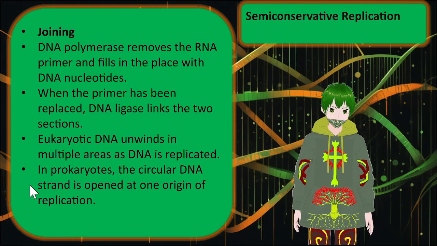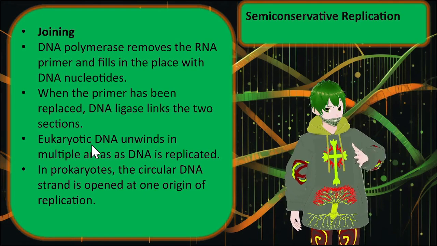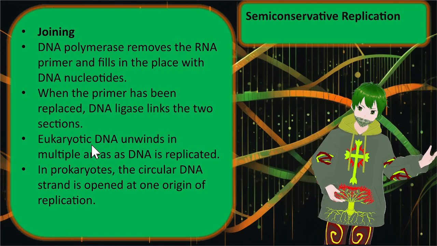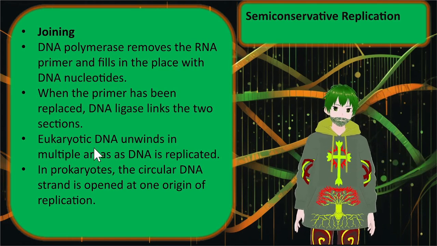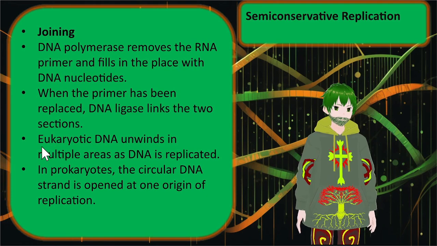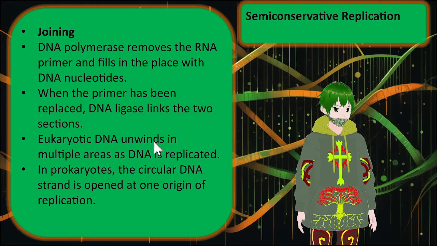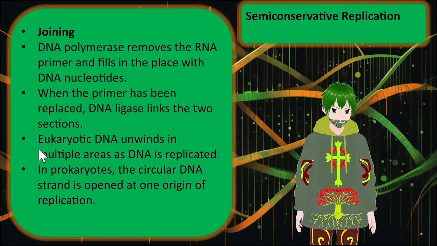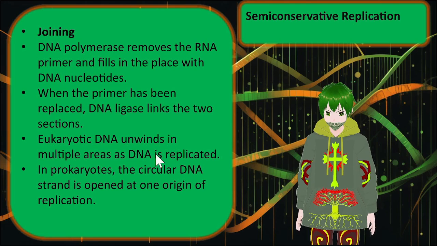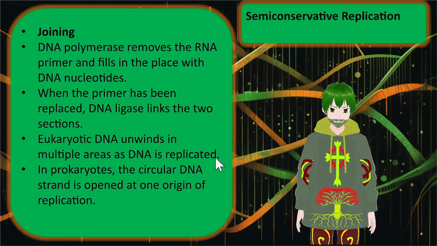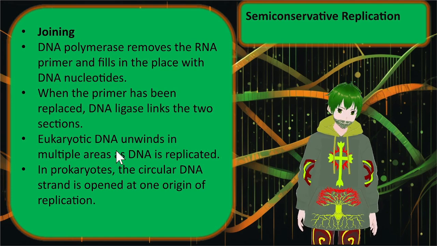Now, it turns out that prokaryotes and eukaryotes do this a little bit differently. Is that surprising? I guess not, because eukaryotes are much more complicated than prokaryotes. Eukaryotes carry out DNA replication at multiple bubbles at the same time. So multiple areas unwind and begin to replicate simultaneously.